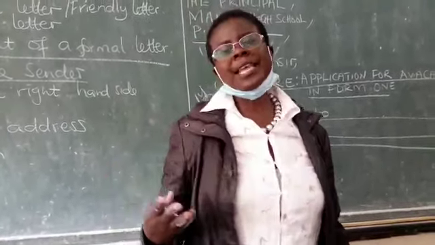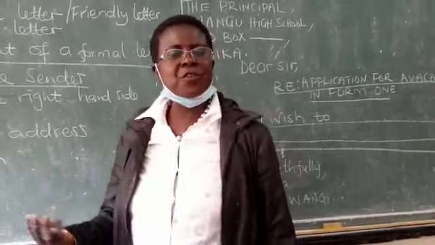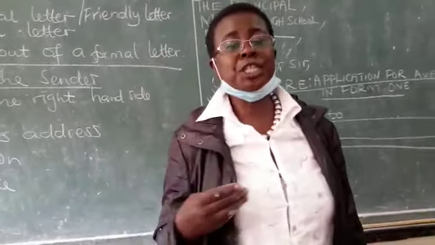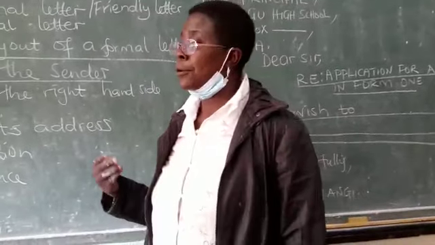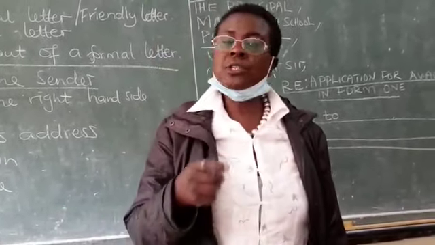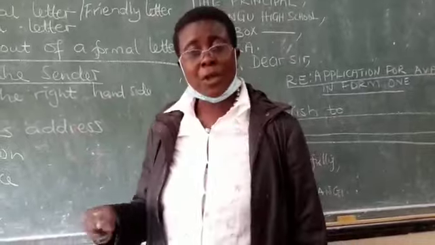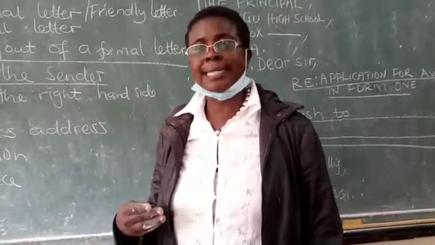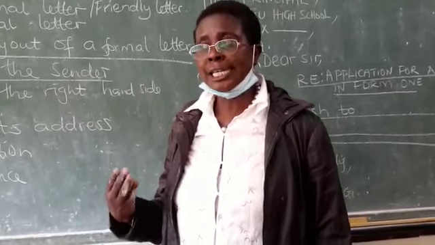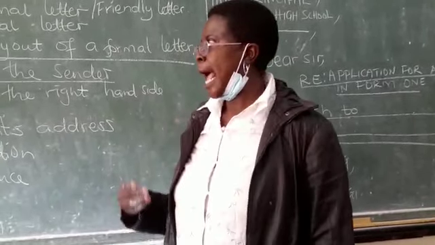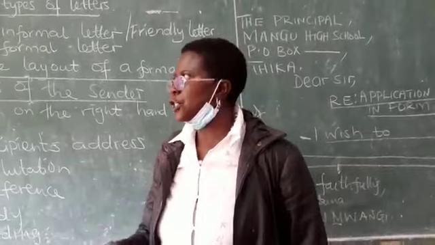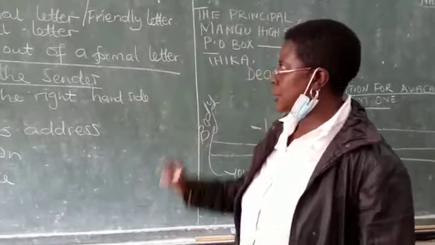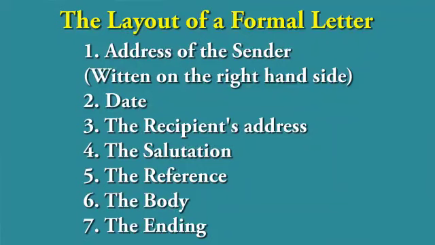Or maybe if something fishy is happening in the estate and you want to report it, maybe to the chief or to the police, you are also going to write a formal letter. You are going to address it to the chief, to the police. It's a formal letter. So this is an official letter. So today we are going to learn how to write an official letter.